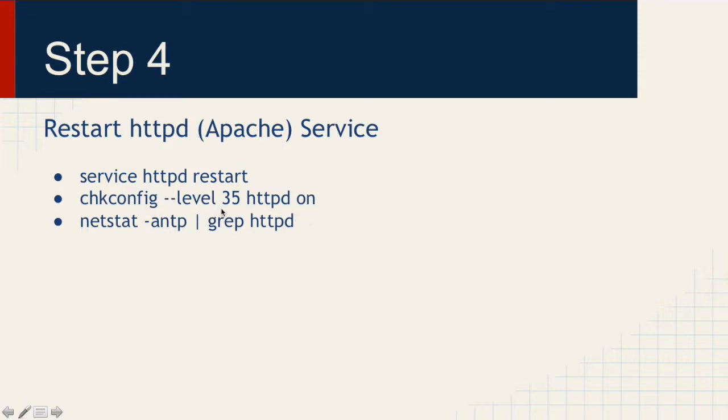So what is chkconfig --level 35? It is to configure the Apache web server for run levels 3 and 5.